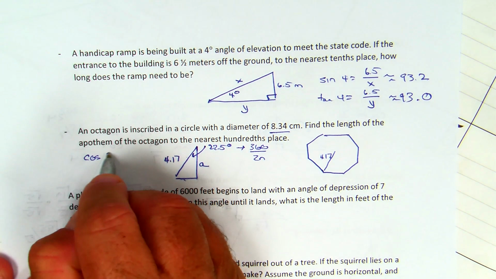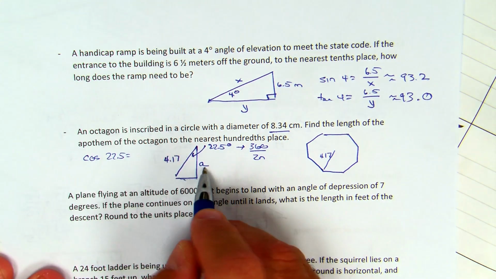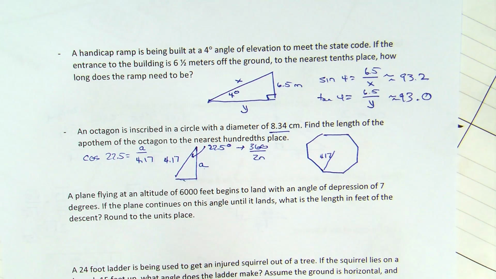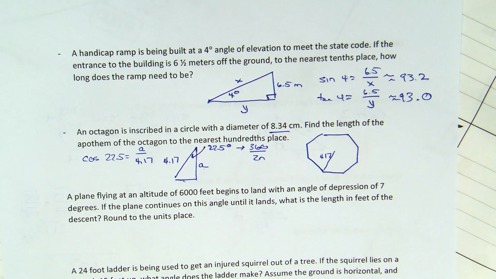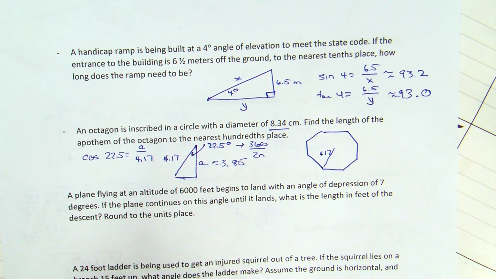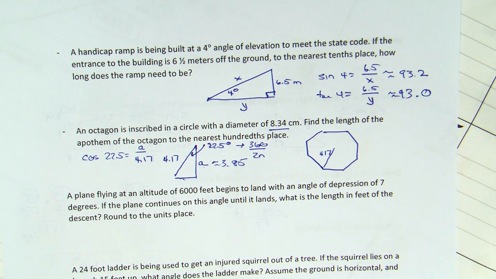Cosine of 22.5 equals the adjacent, which is a, over the hypotenuse, which is 4.17. 4.17 cosine 22.5, and it tells me to round to the nearest hundredth place, so I believe that gives me approximately 3.85. Good.